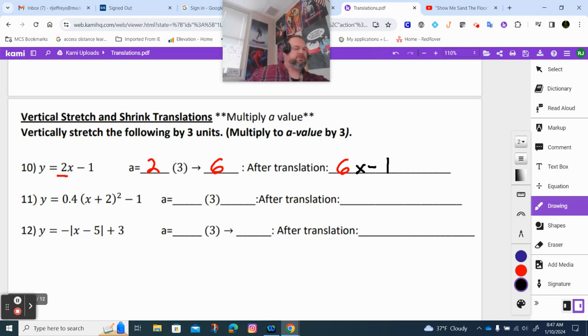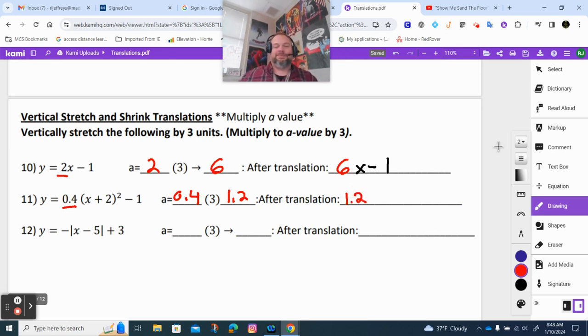Still trying to find who stole my calculator. All right. Our A here is 0.4. No, it's 0.4. Oh, after you multiply it. My bad. I was like, where are you getting 1.2? That's actually what you get. My bad.